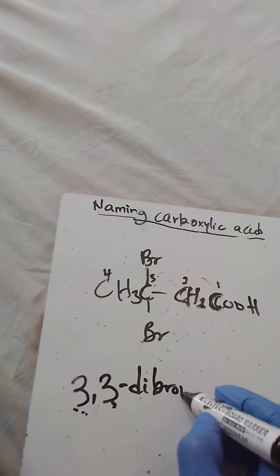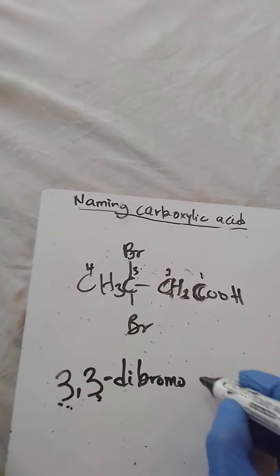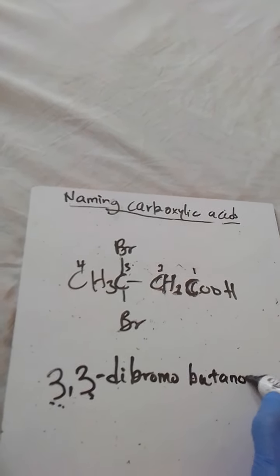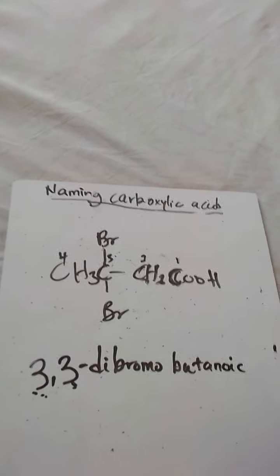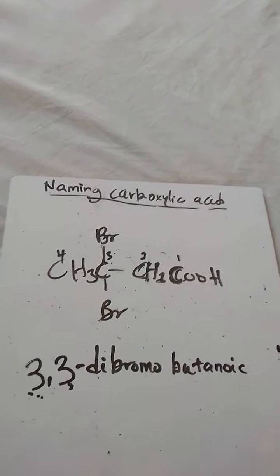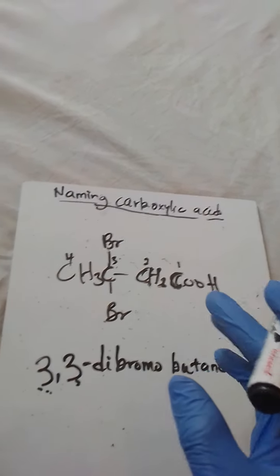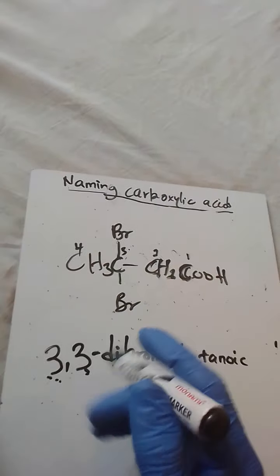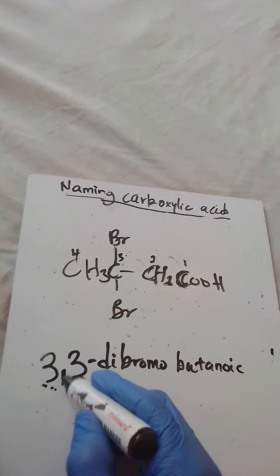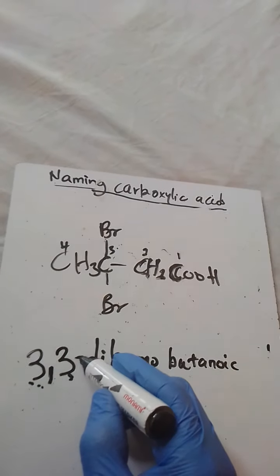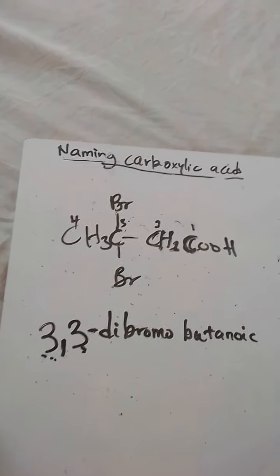Dibromo, butanoic acid. 3,3-dibromobutanoic acid. Bear in mind, when we have consecutive figures in the naming, we split them by comma, and we split a number and a letter with a hyphen. Take note.